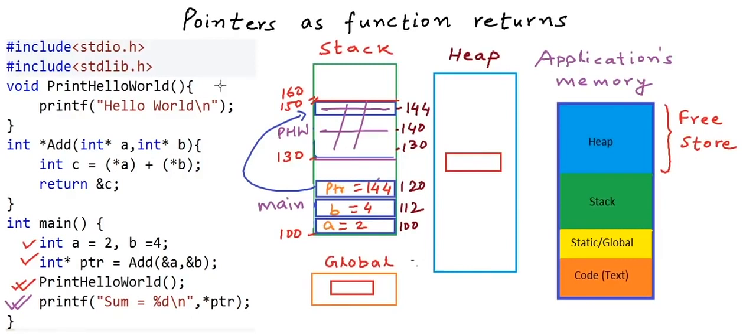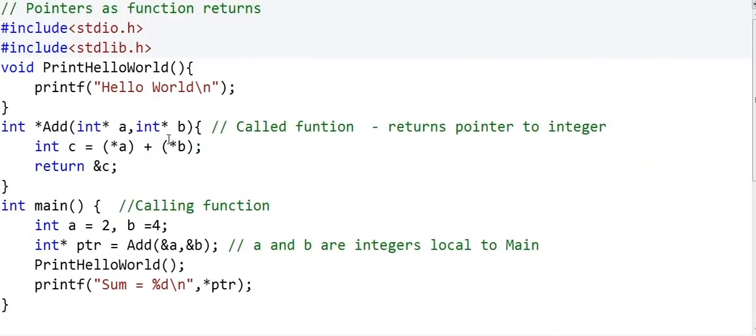I can use malloc, or the new operator in C++, to get some memory on the heap. So if I modify my code something like this, I will declare c as a pointer to integer and get some space allocated on the heap using a call to malloc. Now malloc is a library function that returns a pointer to an address on the heap.